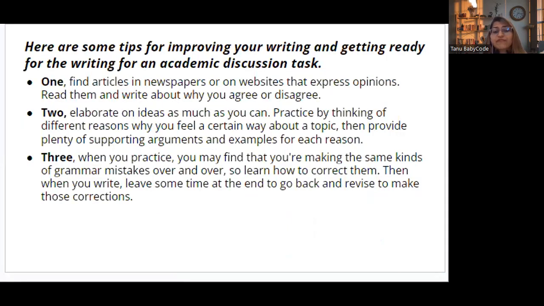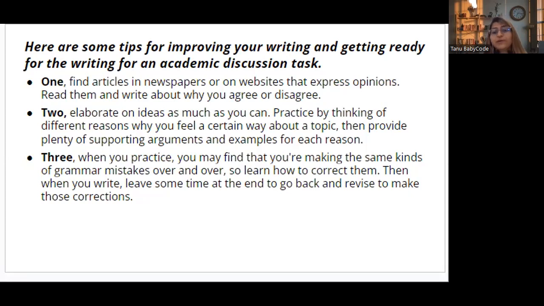So, some tips: find articles in newspapers or websites that express an opinion, read them, and write about why you agree or disagree. Second is to elaborate on ideas as much as you can. Practice by thinking about two different ideas, why you feel a certain way about a topic. Then provide plenty of supporting arguments and explain examples for each reason.